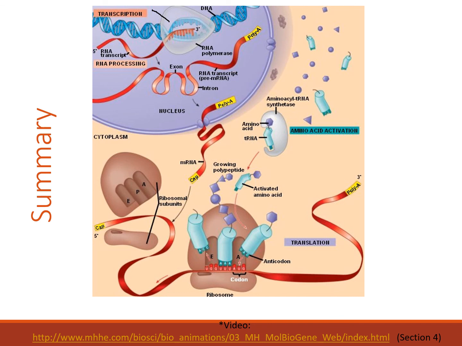So we add that poly A tail, we remove the introns, we add the 5' cap, and then it's able to leave the nucleus and go into the cytoplasm. Once it's in the cytoplasm, it will associate with a small ribosomal subunit, the transfer RNA, and the large ribosomal subunit, so that it can be translated into a polypeptide chain.